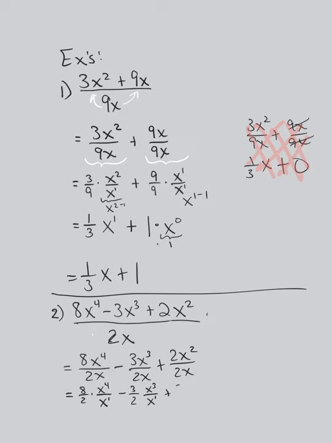And then we have 2 over 2 and x squared over x to the 1st. Okay, so 8 divided by 2 is 4. And then here we subtract the exponent, so it's x to the 4 minus 1, which is 3. Minus 3 over 2 doesn't even reduce, so it just stays as 3 over 2. And then I do x to the 3 minus 1, so that would be x to the 2nd power.